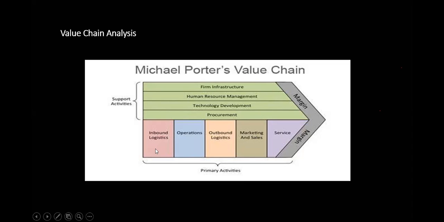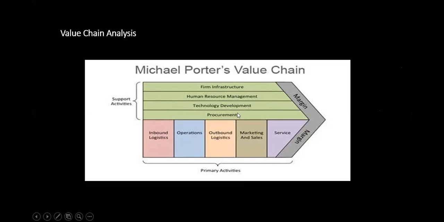These 5 activities always create the wealth, the value of the organization. Inbound, operations, outbound, marketing, and service contribute to the value, the wealth of the business.